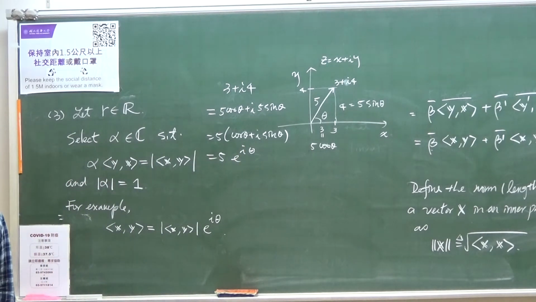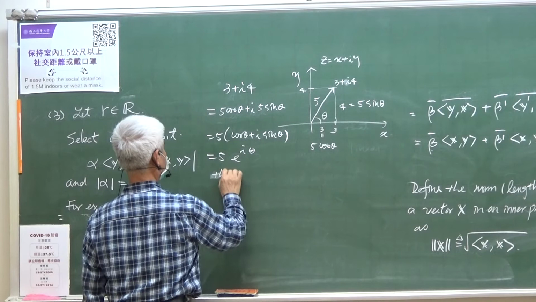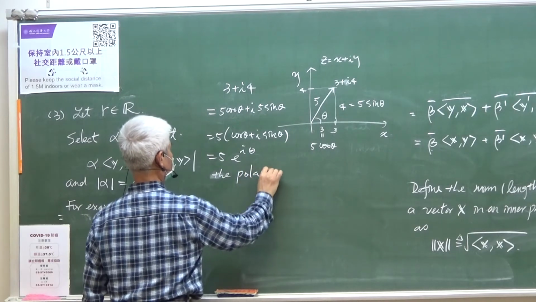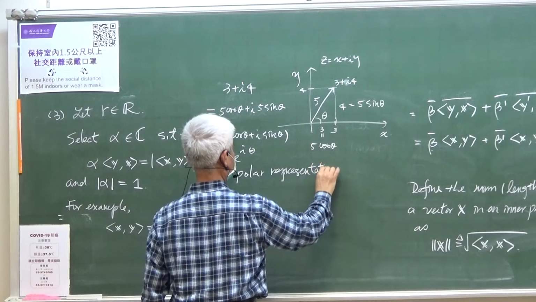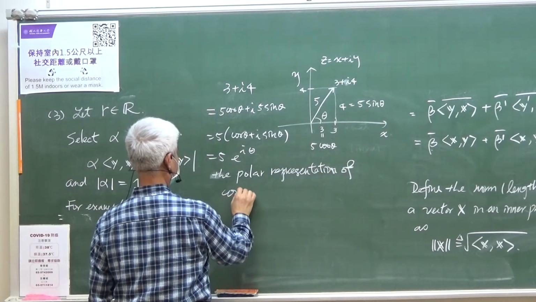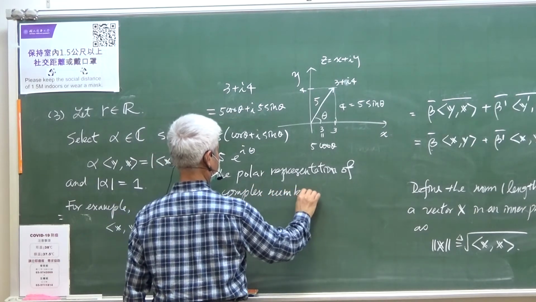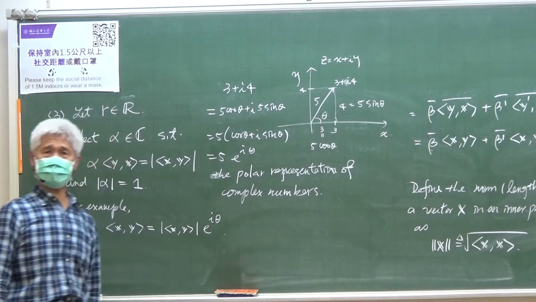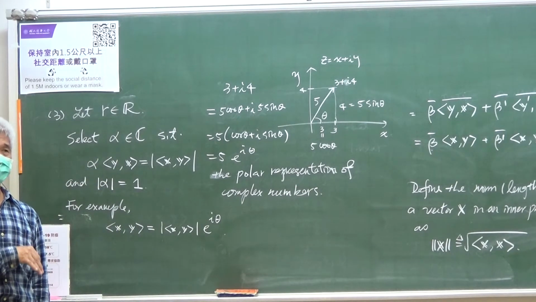It's called the polar representation of a complex number. I think I asked you to read it, it's in Appendix B of the textbook.